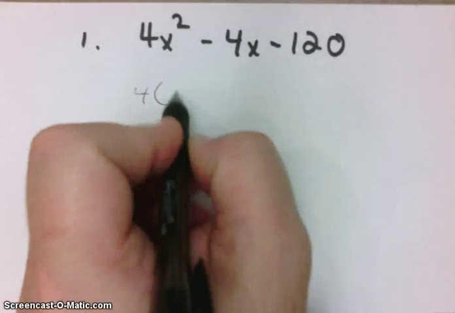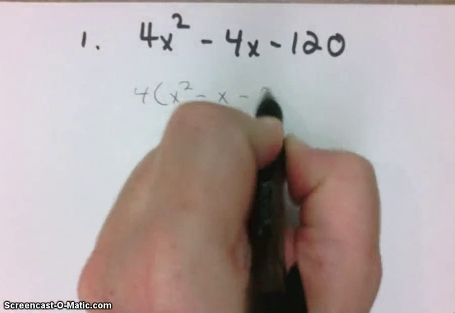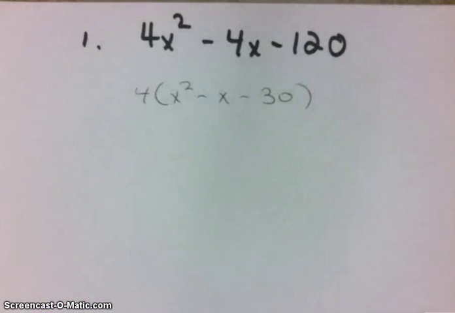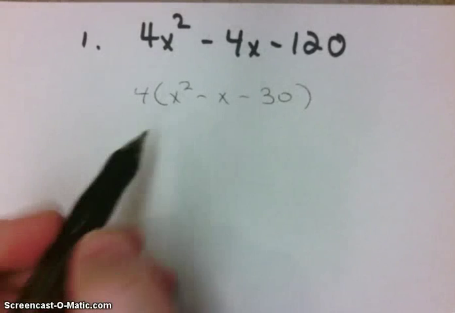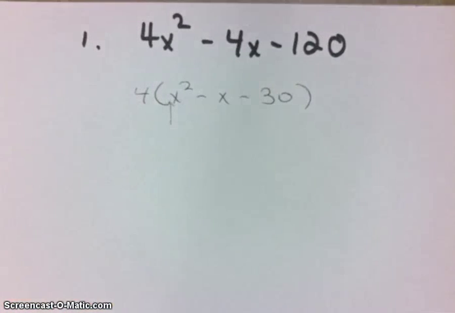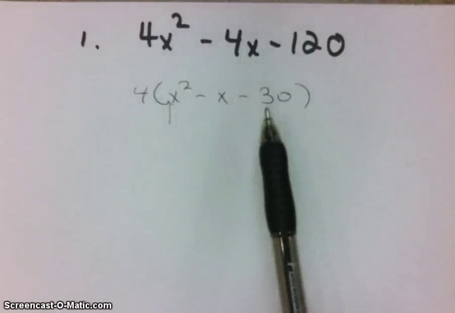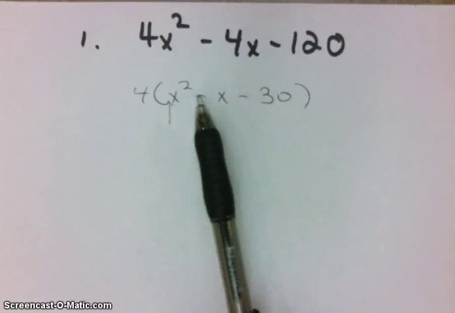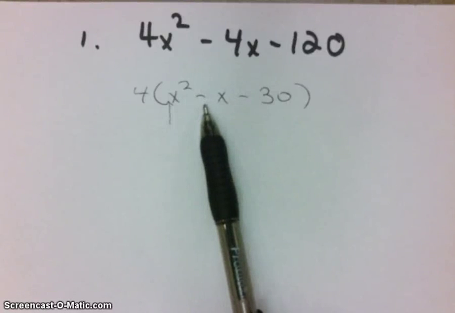And when I do, this becomes a much easier problem, because as we learned in Unit 1, when the coefficient of x squared is just 1, this is an easier factorization. So the question we have to ask ourselves is what two numbers multiply to get negative 30 and add to get negative 1?